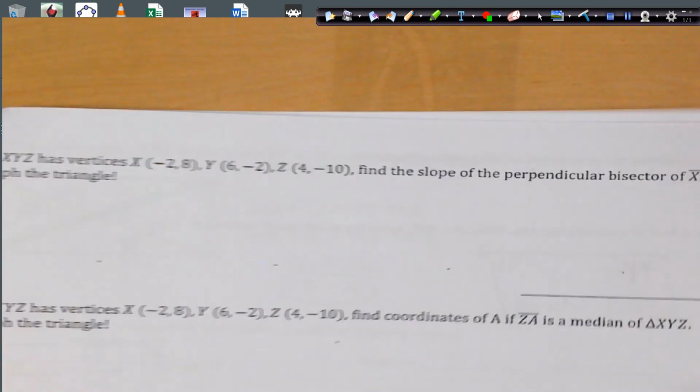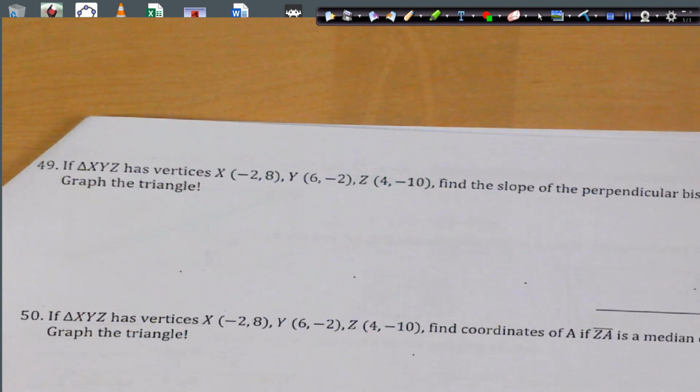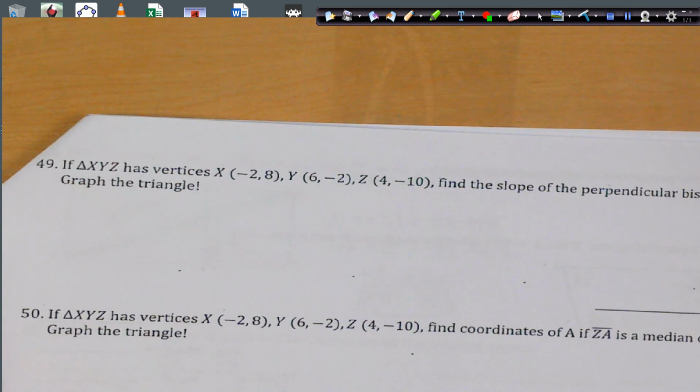Well, 2 problems, that's it. Love it. So the triangle has the vertices X(-2, 8), Y(6, -2), Z(4, -10). Find the slope of the perpendicular bisector of XY. Graph the triangle. Okay, so we just have to find the slope of the perpendicular bisector of XY.